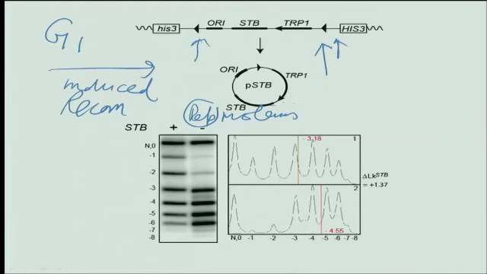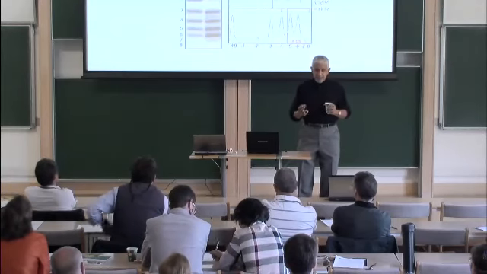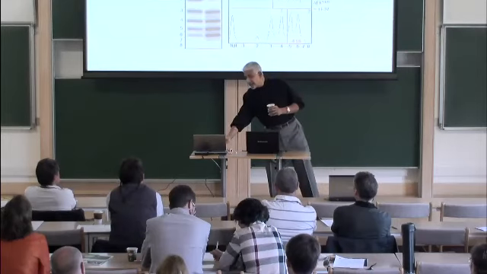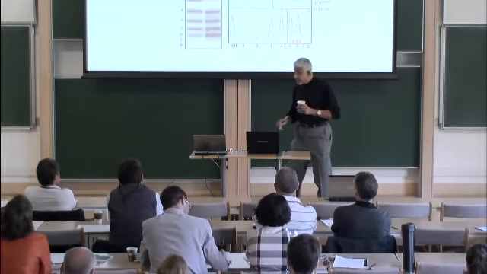So when you have a functional STB on the chromosome, you see the same difference in topology linking number, which is shifted towards the positive side when the STB is functional and less positive when STB is non-functional.